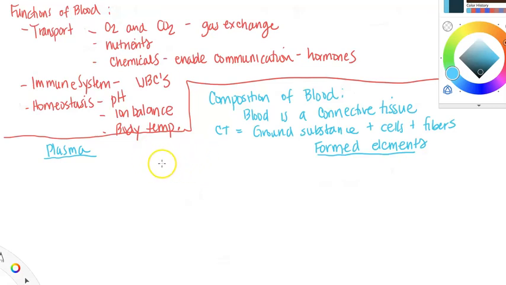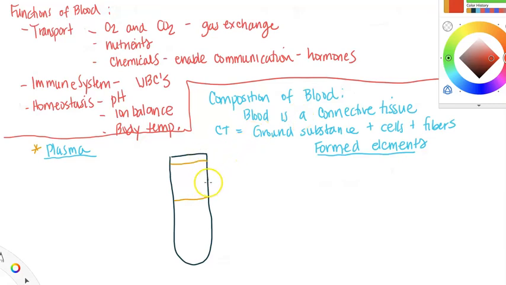Okay, so if we look at a test tube, so let's just make a little test tube here. And we know that if we put blood into a test tube and you centrifuge it, or if you let it sit there long enough, it will separate into plasma and cells.